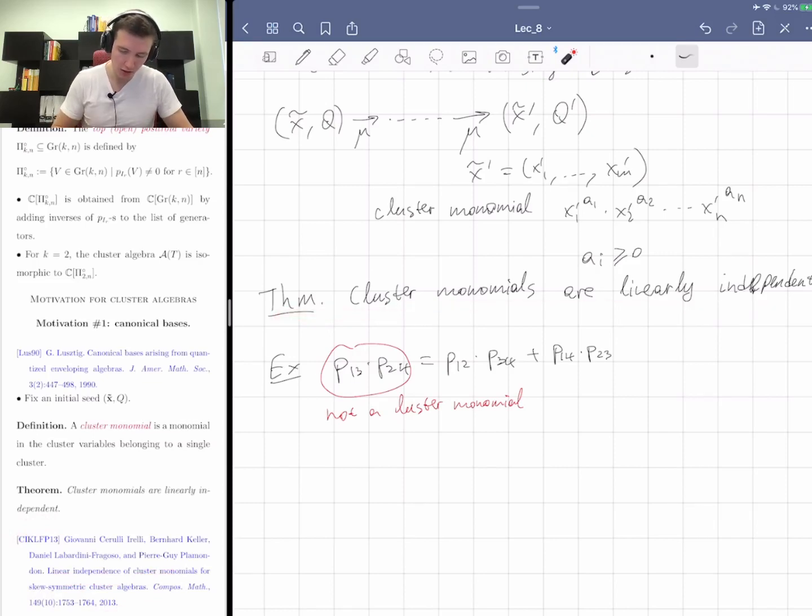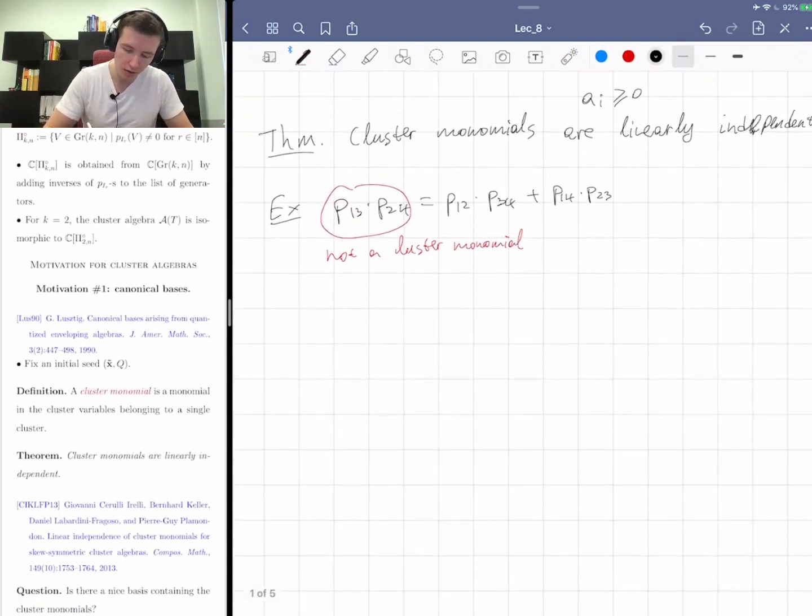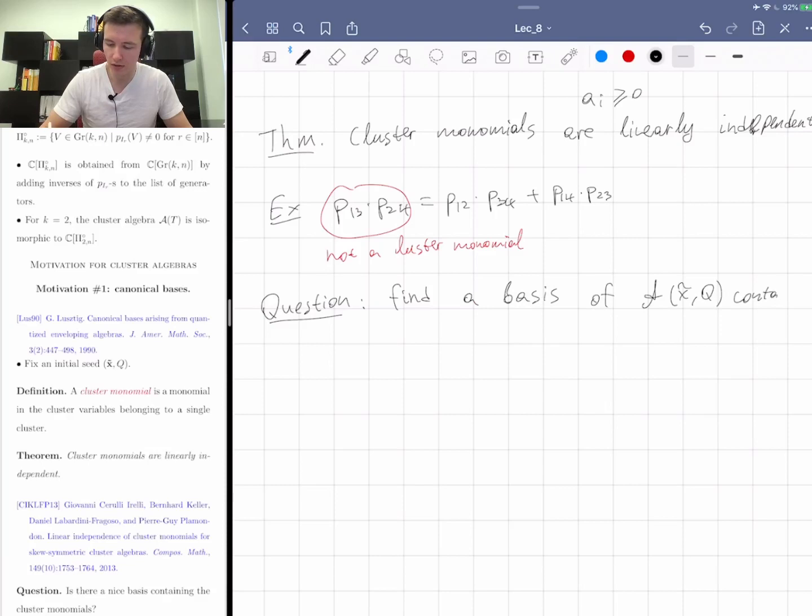And so a question that is not completely solved at this point. So, a question, or a problem, which is: find a basis of a cluster algebra containing all cluster monomials.